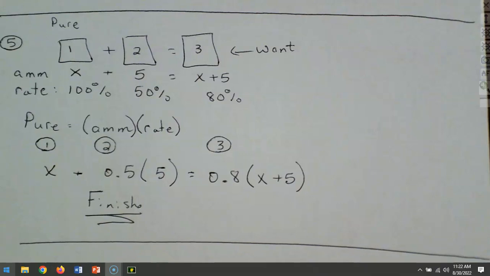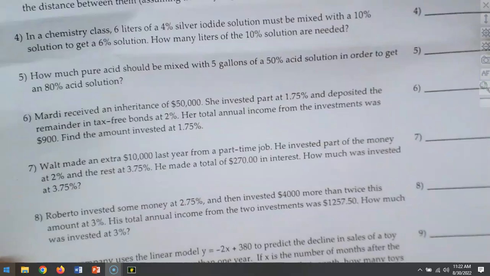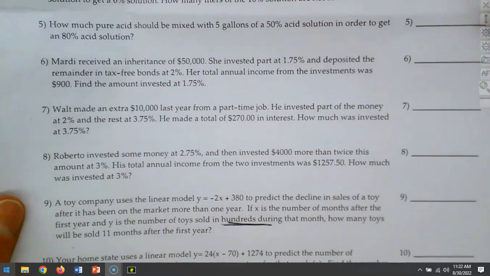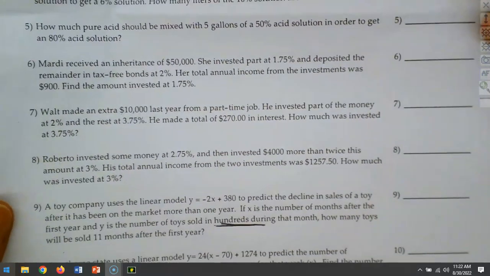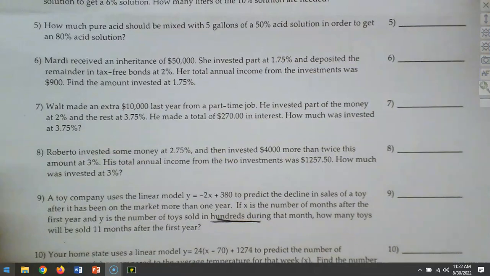So it is an investment question. This is an investment one. Now, when we talk about investment, how is it different than the mixture? Well, not by much, because we still have an amount, we still have an interest rate, but instead of it coming out to be pure, we have interest earned.